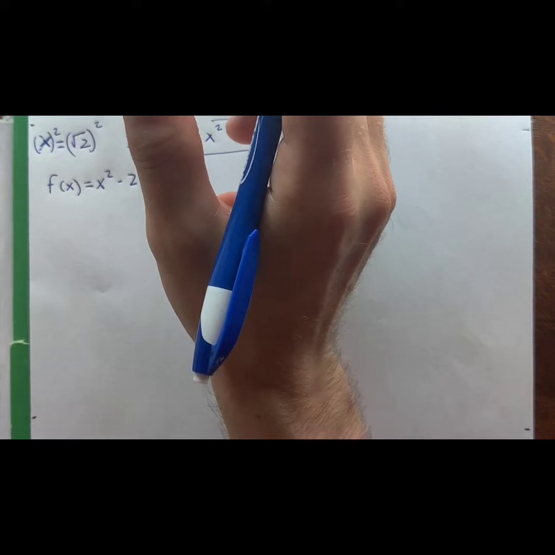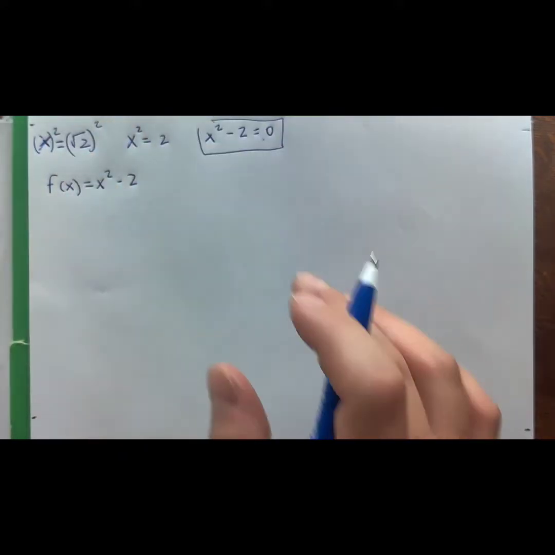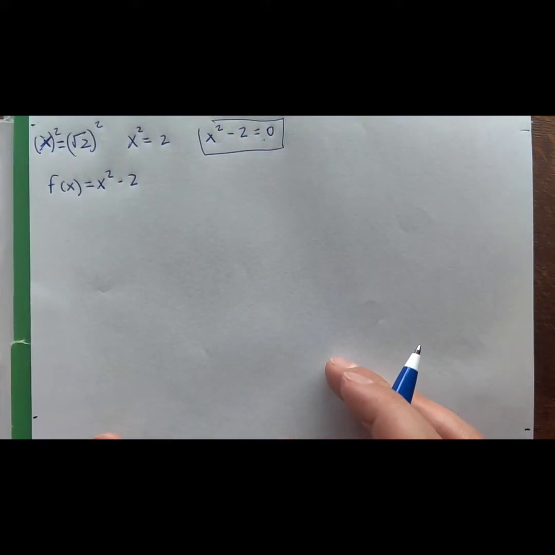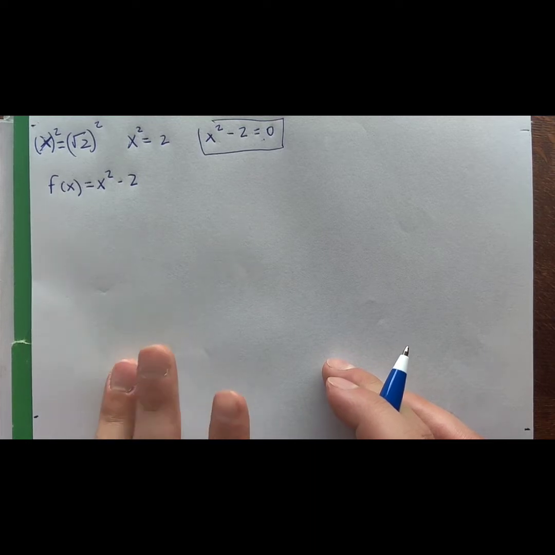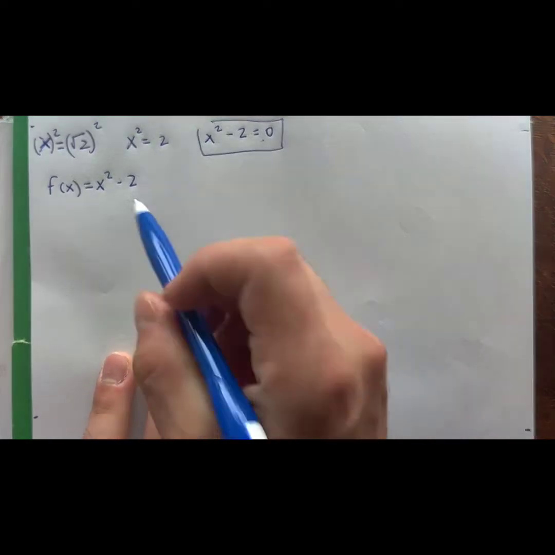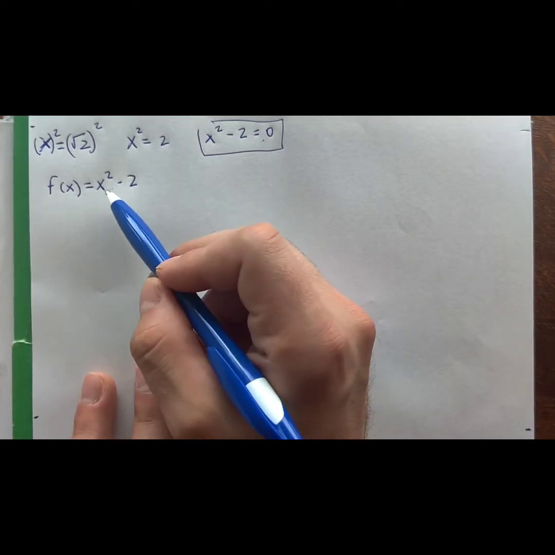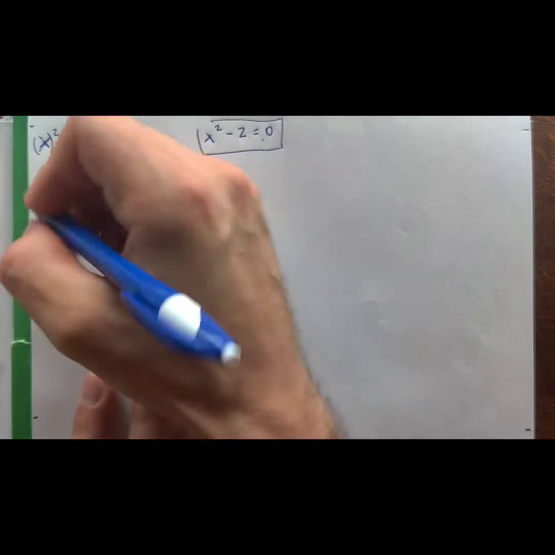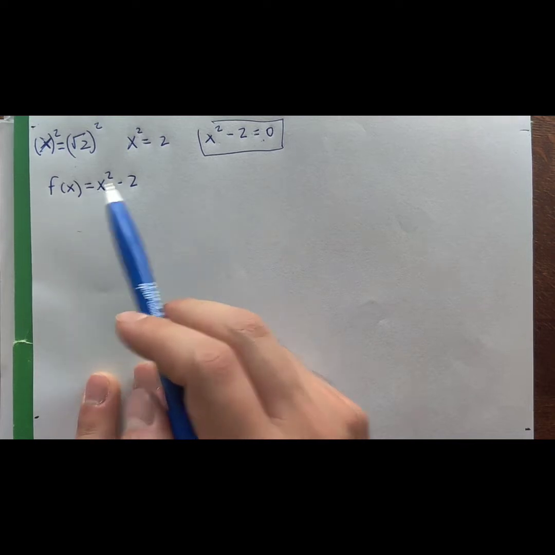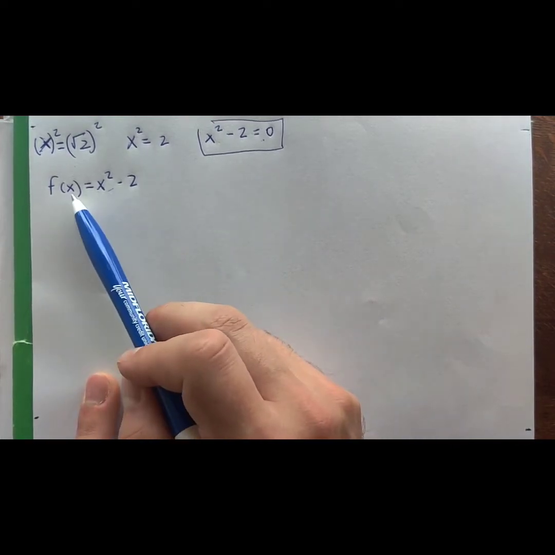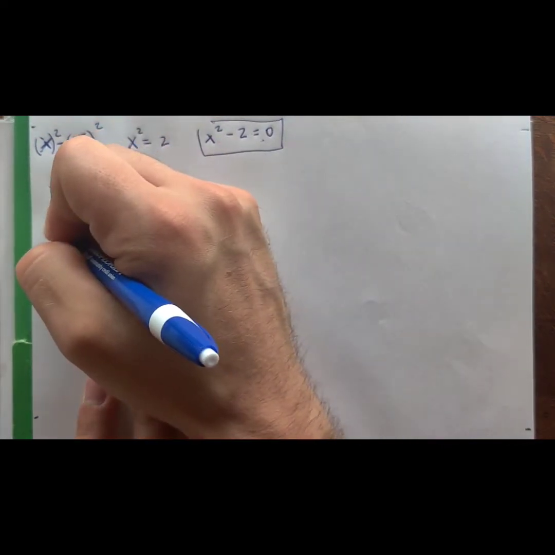Now we know from our previous demonstration that we need 3 values. We need a guess, we need this f of x evaluated at a guess, and we need the derivative of this function evaluated at a guess. So before we determine a guess, let's find the derivative of this function.